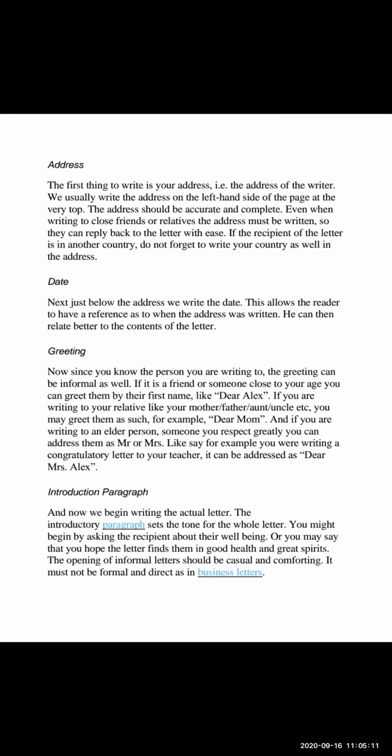You might begin by asking the recipient about their well-being, or you may say that you hope the letter finds them in good health and great spirits. The opening of an informal letter should be casual and comforting. It must not be formal and direct as in a business letter.